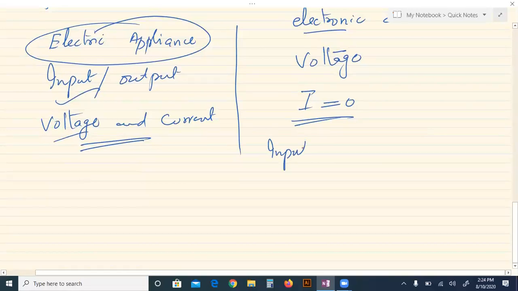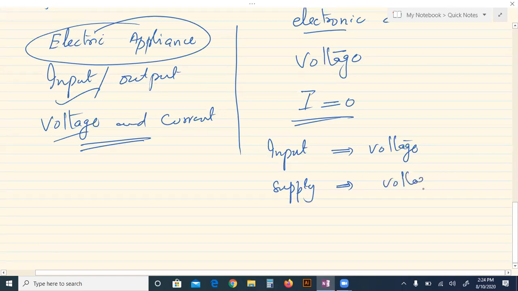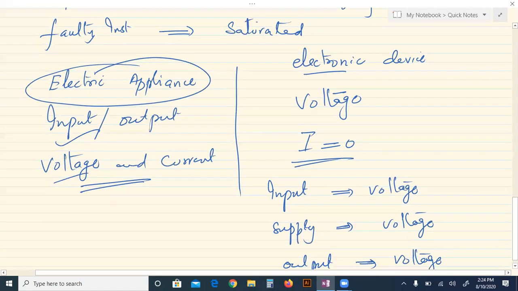Input is in voltage form, supply is also in voltage form, and output is also in voltage form. Meaning there is no space for the current in electronics, but electric devices work on both voltage and current.